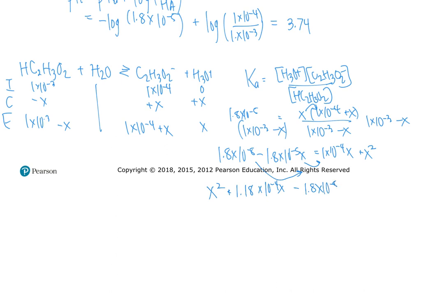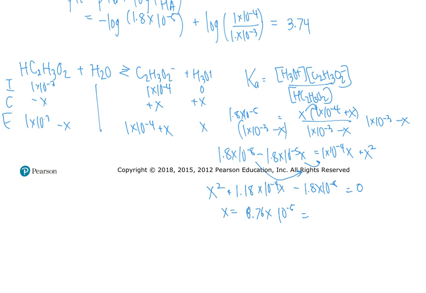Now I'm going to plug that into a quadratic formula calculator. And I'm not going to do it by hand because that sounds awful. So let's plug it into your quadratic formula calculator on your calculator or website. You get x equals 8.76 times 10 to the negative 5.